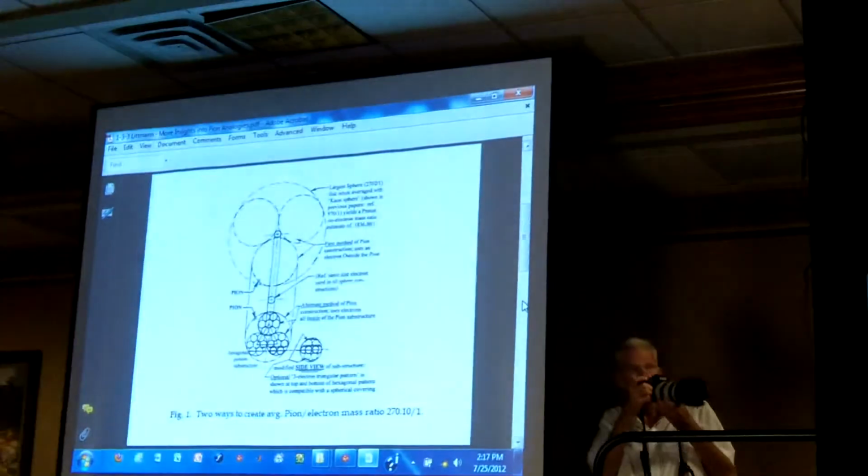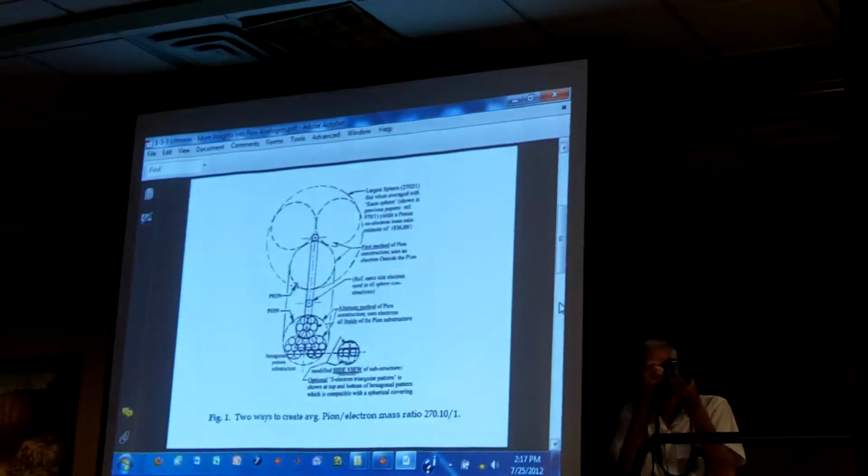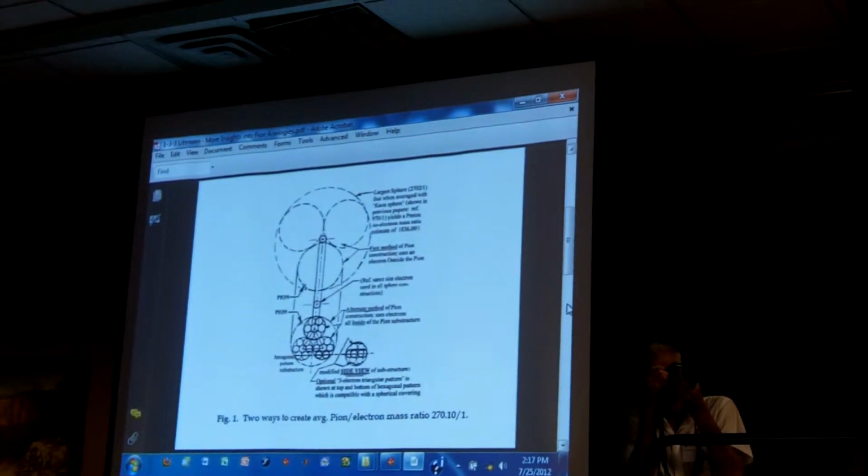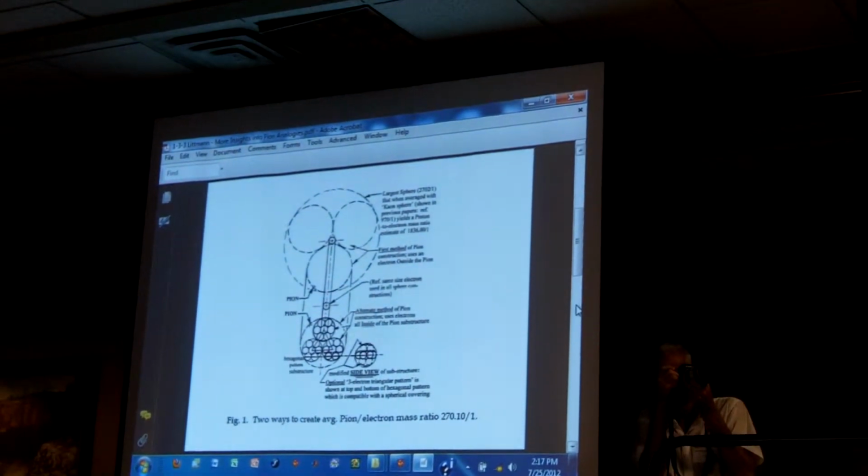And that is called fractal structuring and is a hierarchical means of building up. In previous papers, I used the largest sphere shown and averaged it together with a kaon sphere not shown there to construct my proton-to-electron mass ratio estimate.